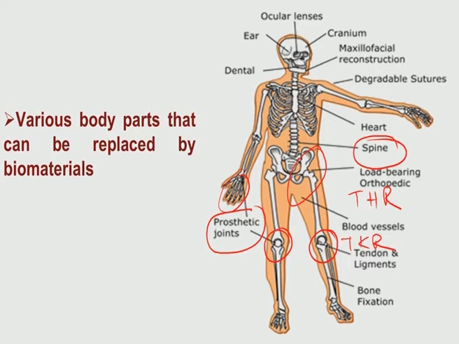Spines, in the spine people use titanium, and currently people are considering to use tantalum also. In the cranium and maxillofacial reconstructions also people are using biomaterials. In the ear, cochlear implants, in the cochlear implants people use certain electrodes which are biocompatible in nature.